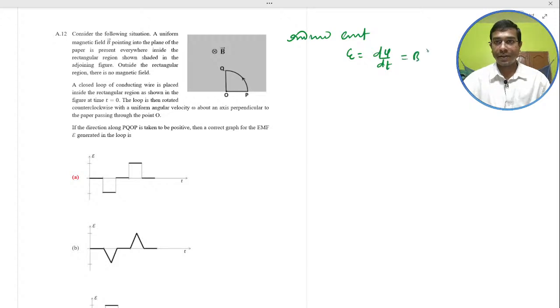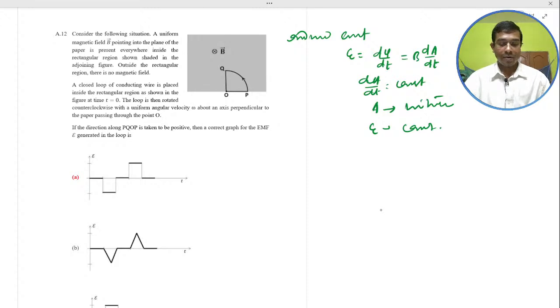This is nothing but B dA by dt. So dA by dt is constant, so A changes uniformly. Thus epsilon is constant.